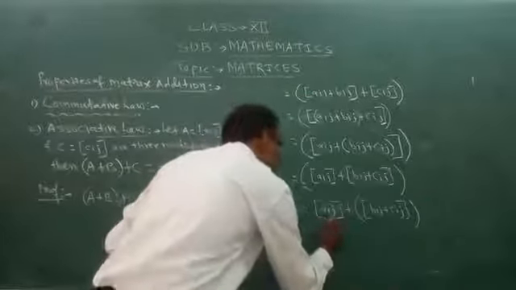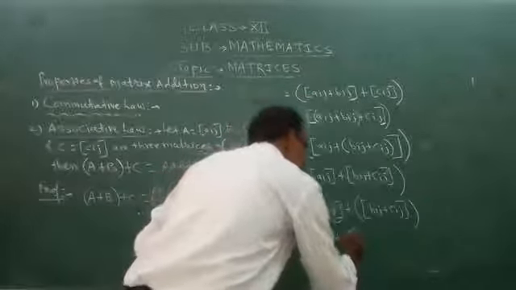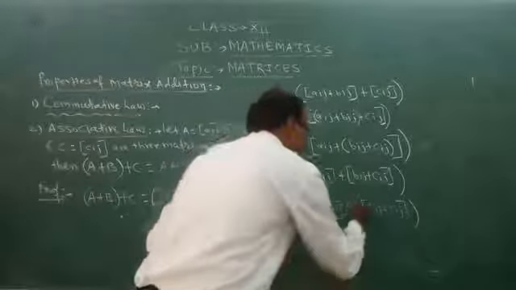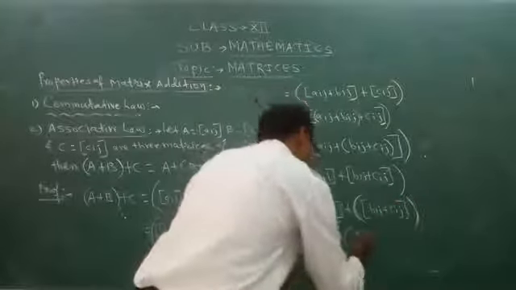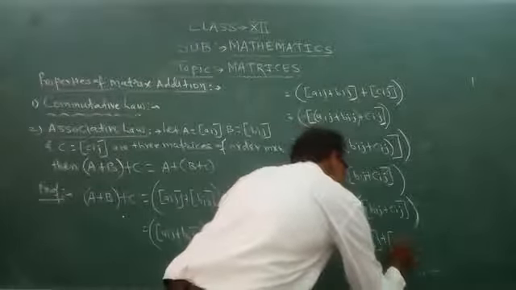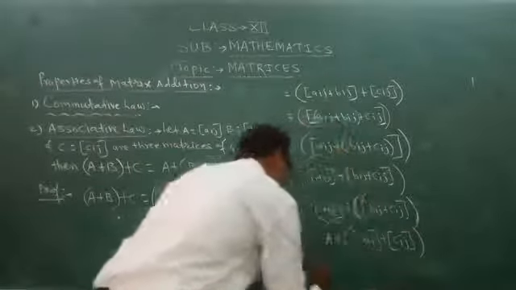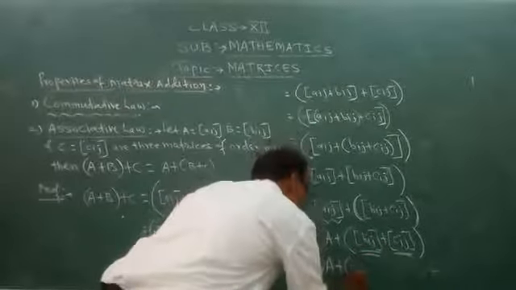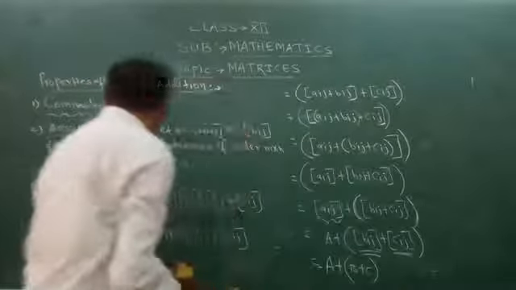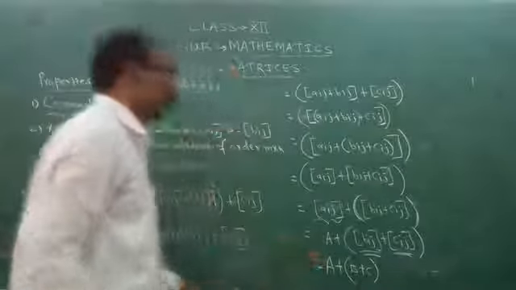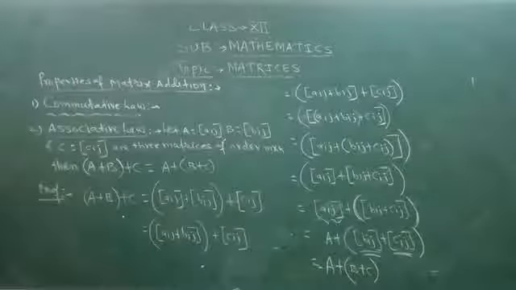So Aij is capital A, plus this in bracket. We can separate this also, Bij plus Cij. So that will be A plus, in bracket, B plus C. Therefore, A plus B in bracket plus C gives me A plus in bracket B plus C. So the addition of matrices is associative also.